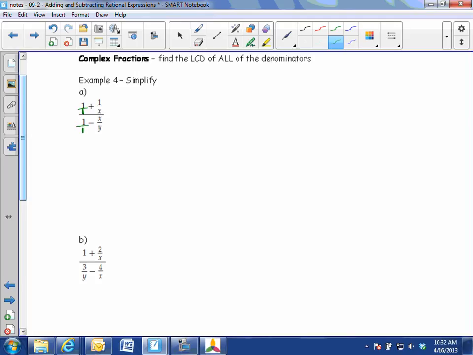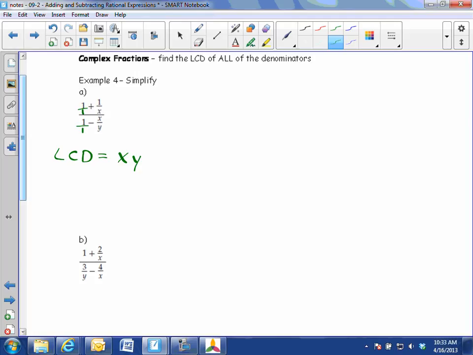Looking at all of those, we can't factor them because they're just ones and x's and y's. So our least common denominator is just going to be 1 times x times y, or xy. You cannot factor these denominators, 1, x, and y, because they're not factorable. It's not like it's a y squared or anything.